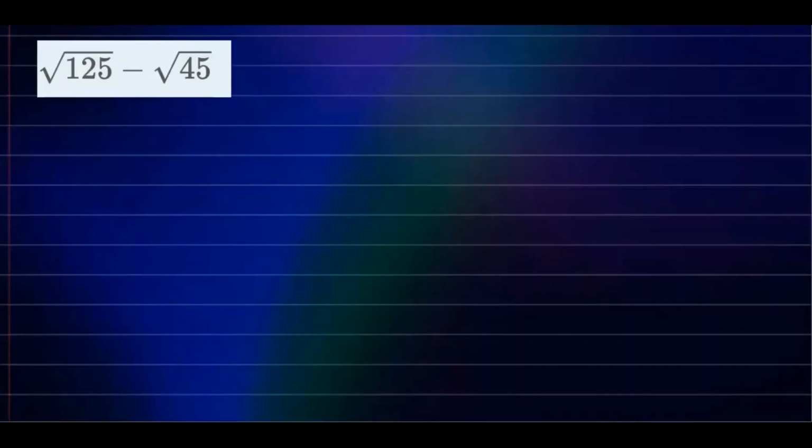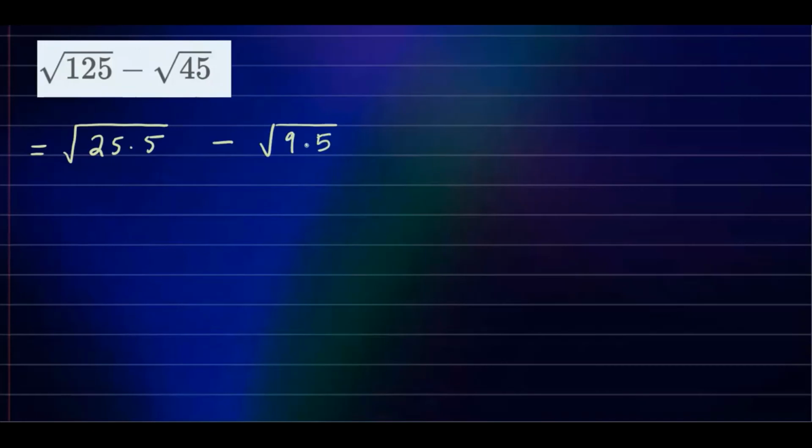For this example, we're doing a difference of two square roots. Again, they're not perfect squares, but they have a perfect square inside. So 125, I can rewrite as the square root of 25 times 5, that's 125. Minus, the square root of 45, I can write as 9 times 5.